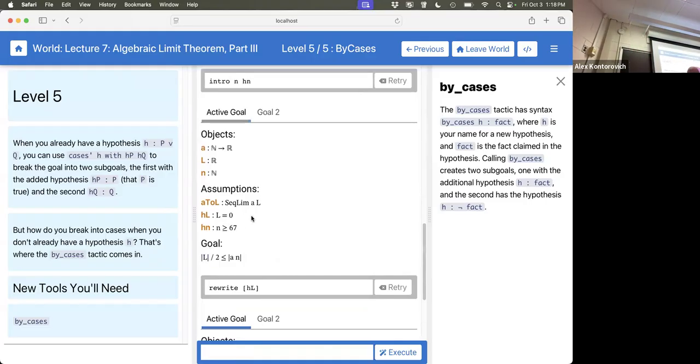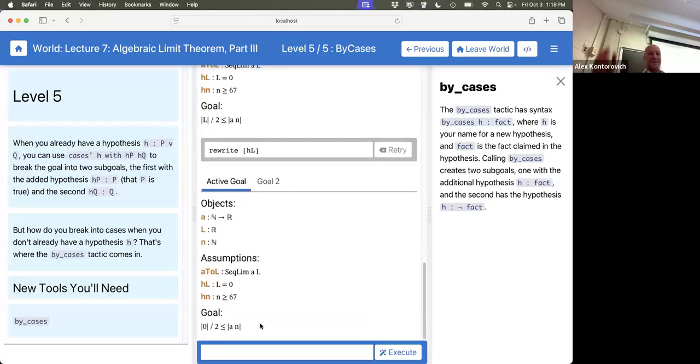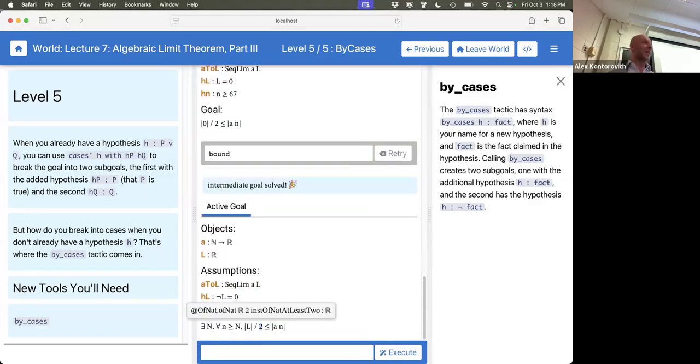Now we know that L is equal to 0, so just rewrite that fact. And now our goal is to show that a n is bounded by that. I think I don't have to do anything. Bound will just do it. Okay. The intermediate goal is solved. Now we're here.